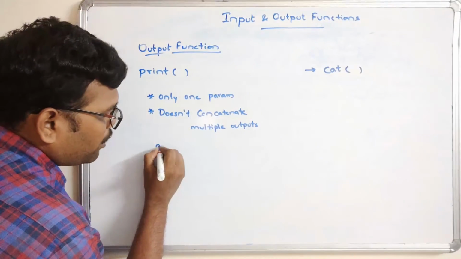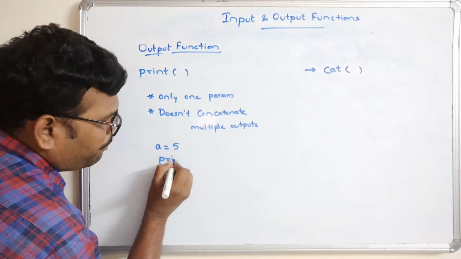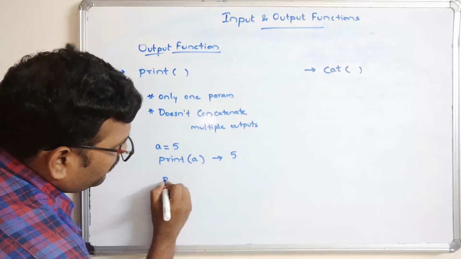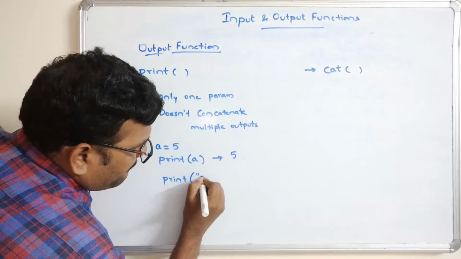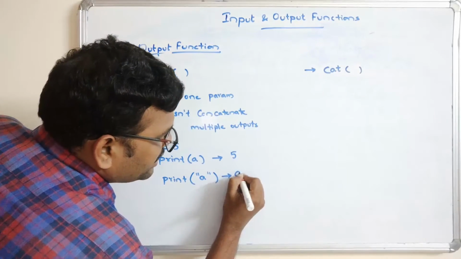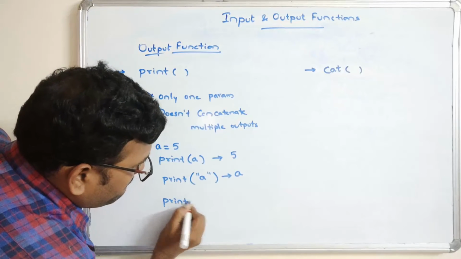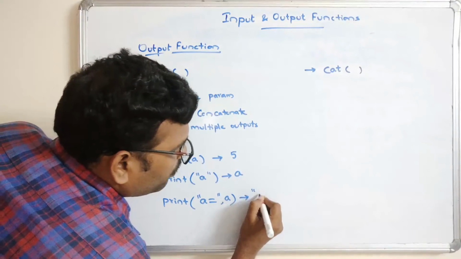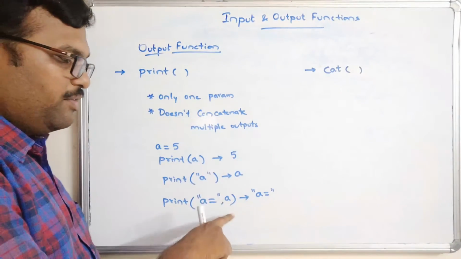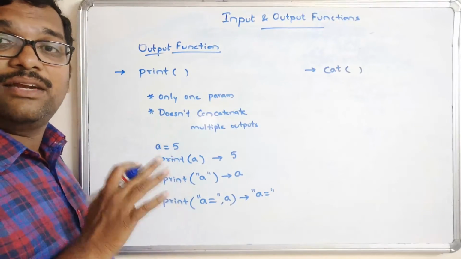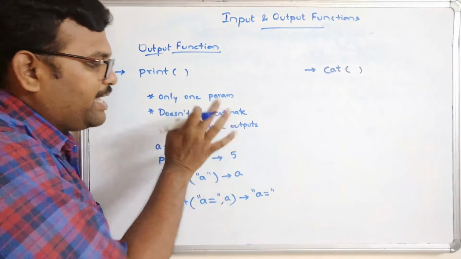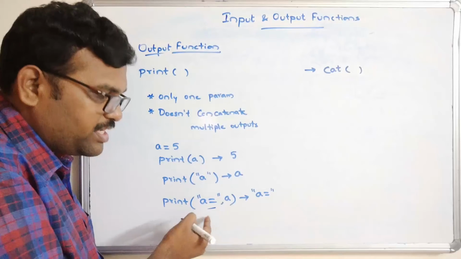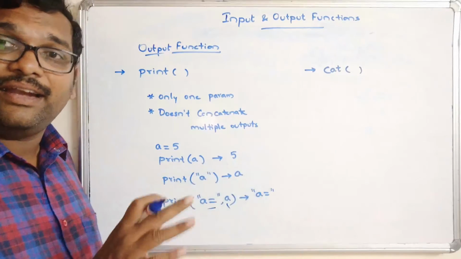For example, if A has the value 5 and you print A, this will give an output of 5, and if you print "A", it will return the result as A. But if you print "A is equal to" A, it will print only the string. It doesn't print the value of A. This is the disadvantage of using print. It doesn't concatenate multiple outputs. It can't differentiate the two different outputs. Here this is a constant string and this is a variable, so it can't concatenate both things.